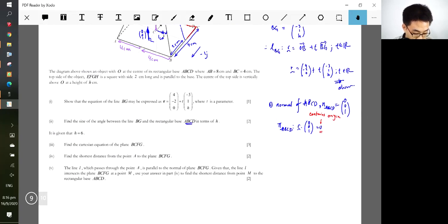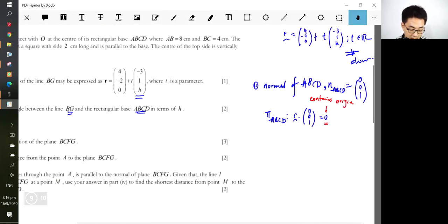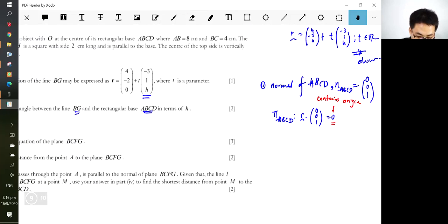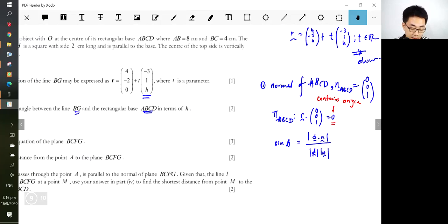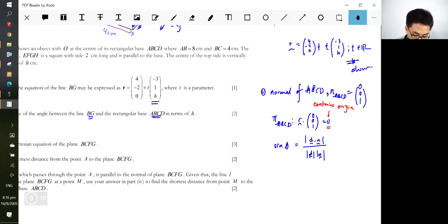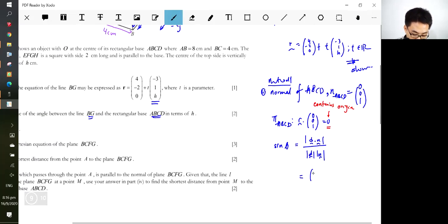Okay, then the sine angle between BG, which is this one, and this one, right? You could actually very quickly use sine theta equals d dot n over mod d mod n. The sine angle will just be this. So actually this is a pretty fast way to do it. So this is method 1. This is like a brainless way of doing it if you want to do it quick.